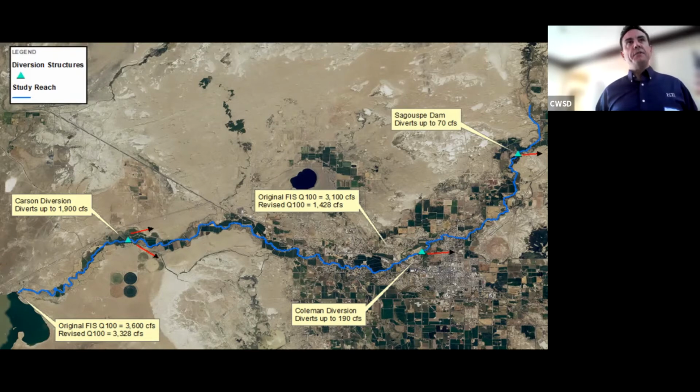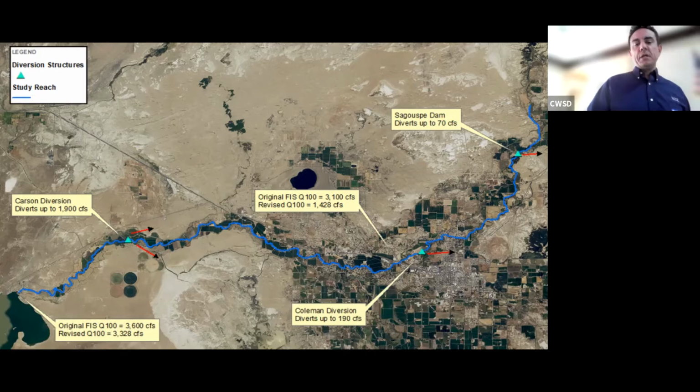So this is the revised hydrologic regime below the reservoir. You can see that our new estimate of 3,300 is coming out of the reservoir. You have the Carson diversion, which is diverting to the T and B line, and that's about 1,900 combined.